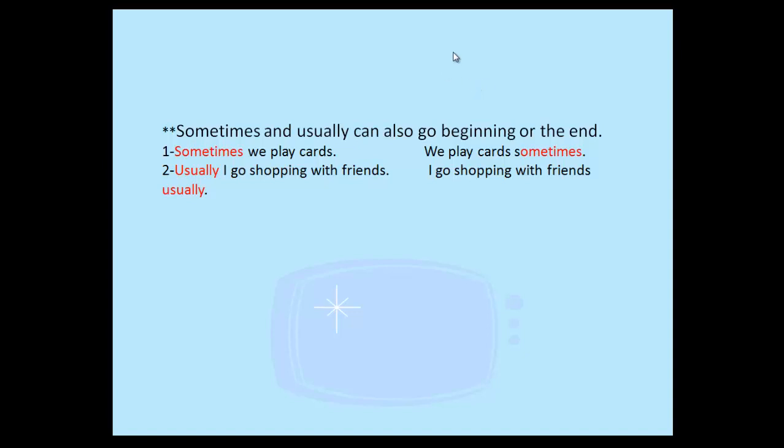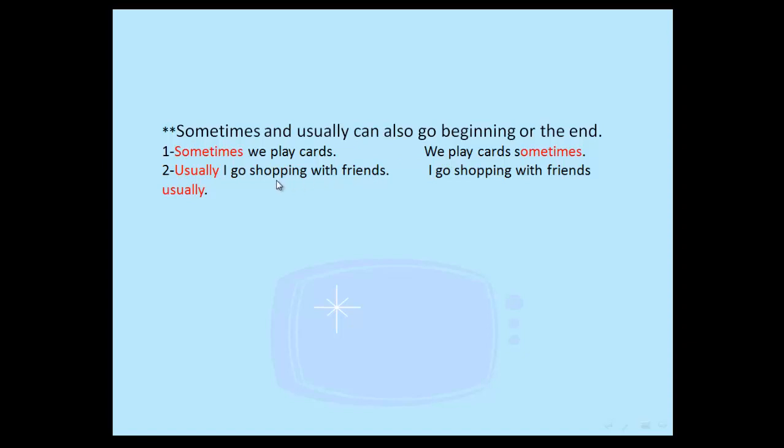Like, sometimes we play cards. So it's true to say, sometimes we play cards, or, we play cards sometimes. So there is no difference between the first sentence and this sentence.